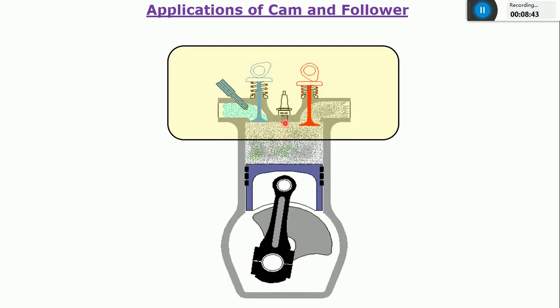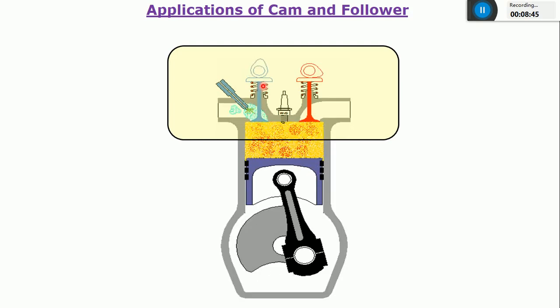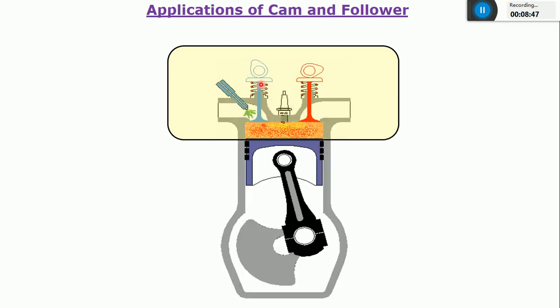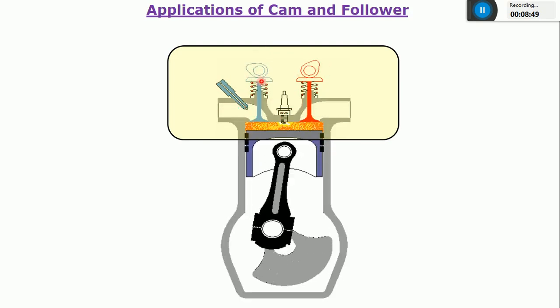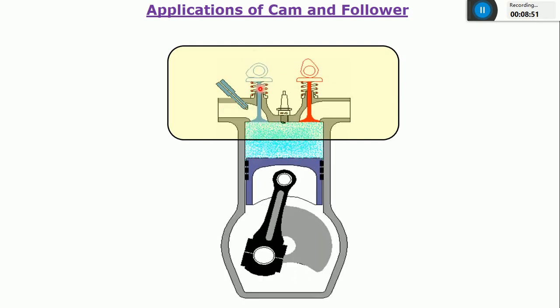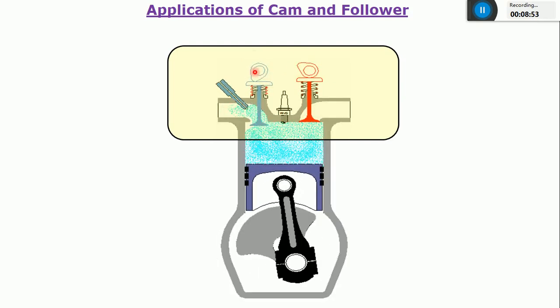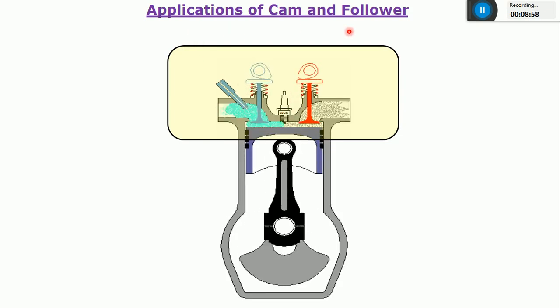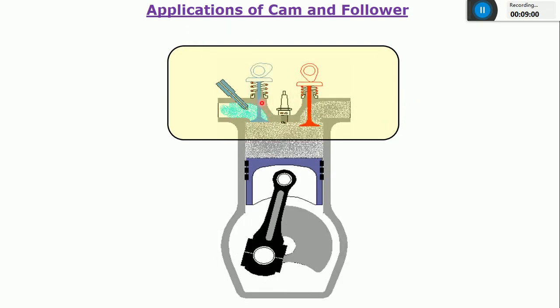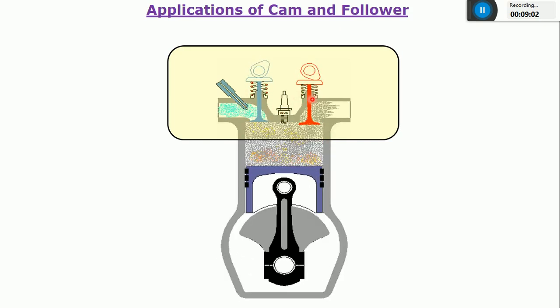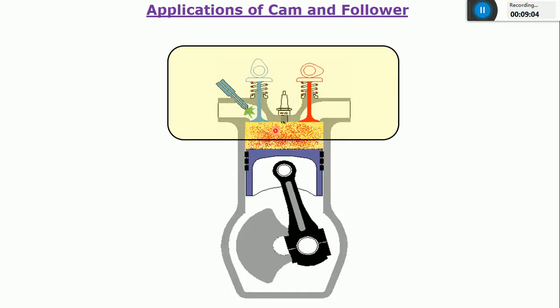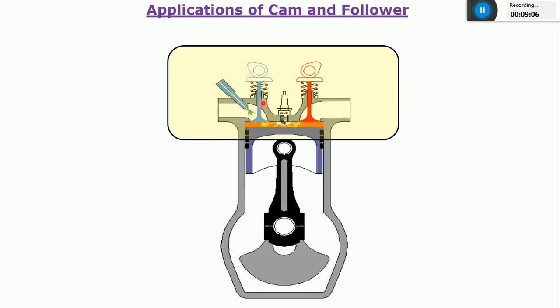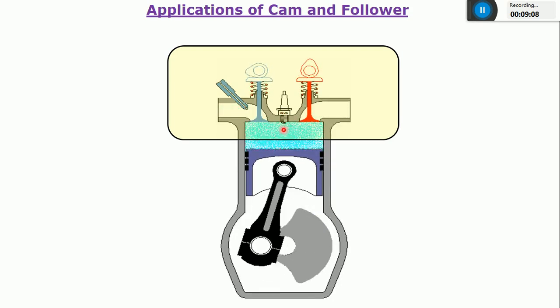It means you are controlling the motion of this inlet valve and the exhaust valve with the help of cam and follower. This inlet valve acts as a follower and this is nothing but a cam. It means the application is that you are going to control the movement of the inlet valve and the exhaust valve as per your requirement. You can set the timing when it has to be opened and when it has to be closed.